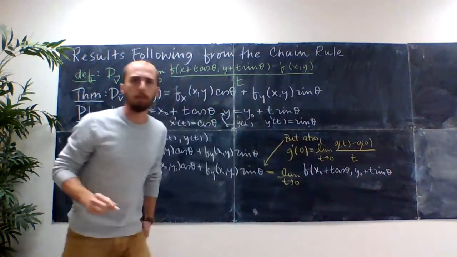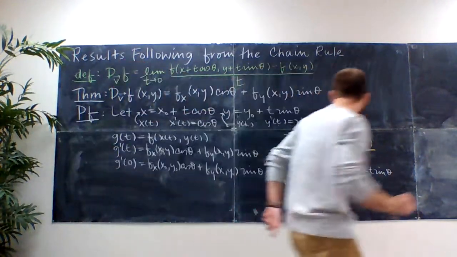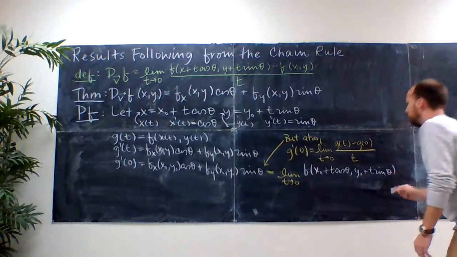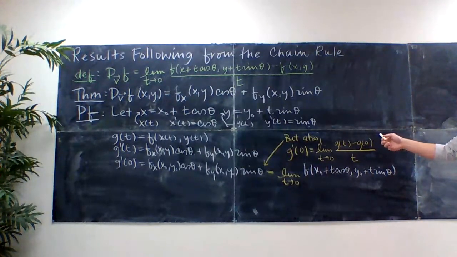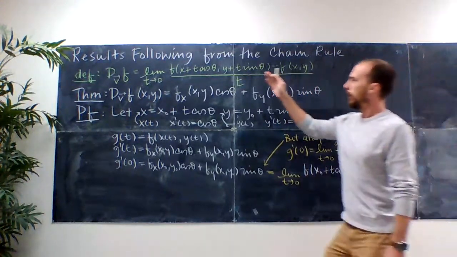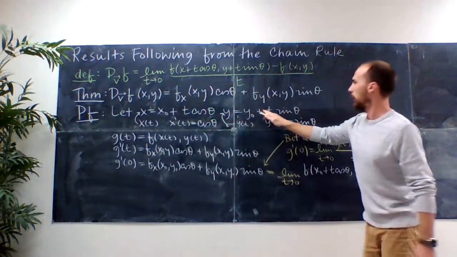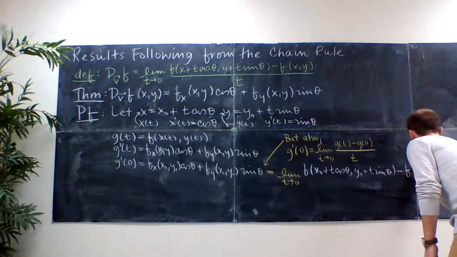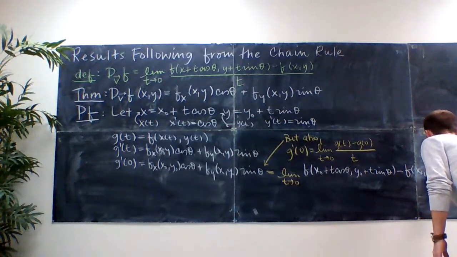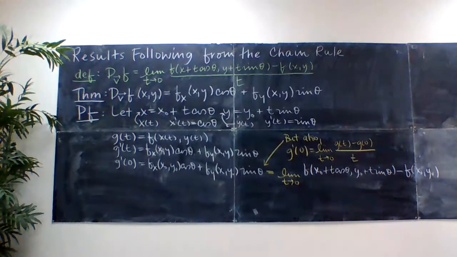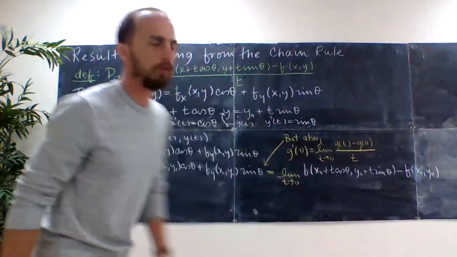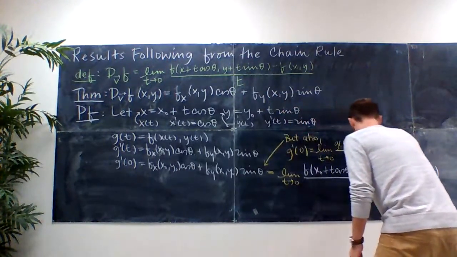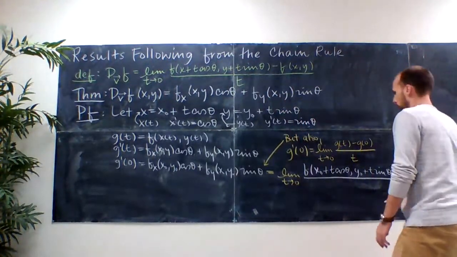I'm a little worried I'm about to go off my shot. No, okay, I'm just writing a little small though. G of 0 is equal to f of x naught and y naught, because t is 0. Still in the shot, just barely. All right, that's as far right as I can go. All divided by t.